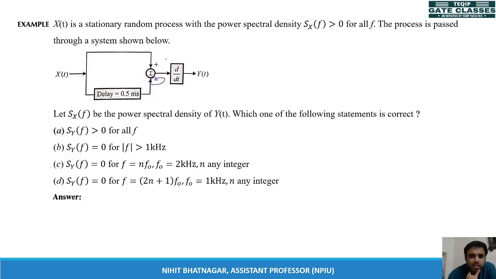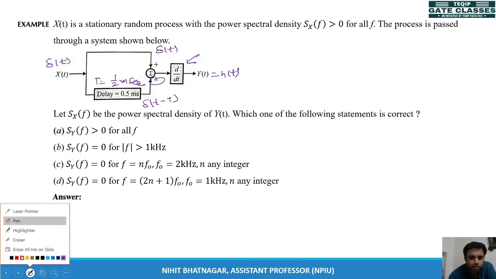Now you can see here, if you apply δ(t) here, it becomes δ(t) minus δ(t minus T), where T is equal to 1 by 2 millisecond, and it is d/dt. Now I am again writing it in the form of Fourier transform.